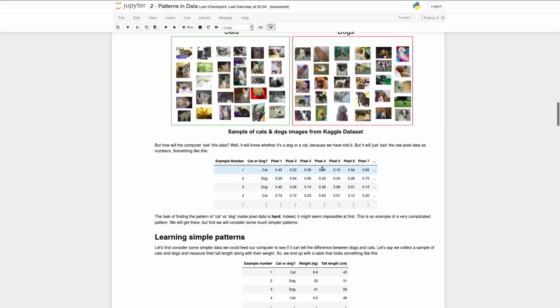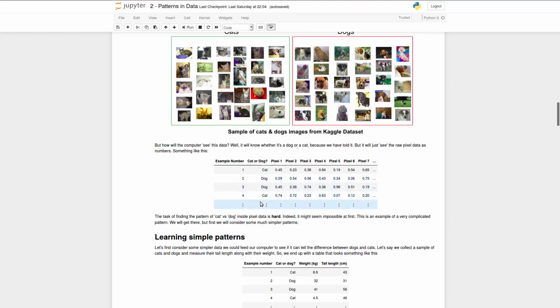Red at the top left but one is going to be this, and this is going to go on for ages and ages. This is going to be a big long list of 3 million numbers, where each one represents a pixel intensity. And then we're told, okay, that is a cat. So this is what the computer's going to see. Then we're going to give it another example, all of the pixel intensities again, and say this is a dog.